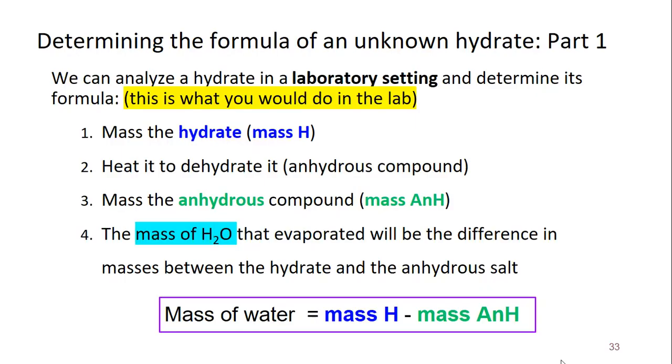This part that we just saw was supposed to be done in the lab. So here's what that person did. They massed the hydrate. That was the blue crystals. You took the mass of that, and if I remember correctly, it was 54.76 grams. Okay. Then they heated it to dehydrate it.